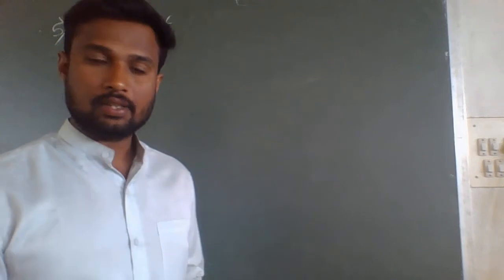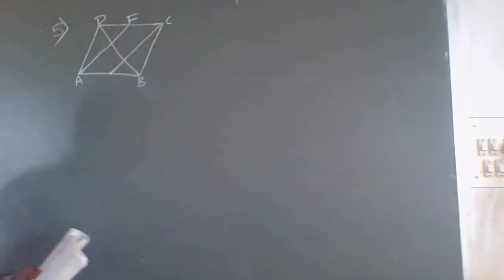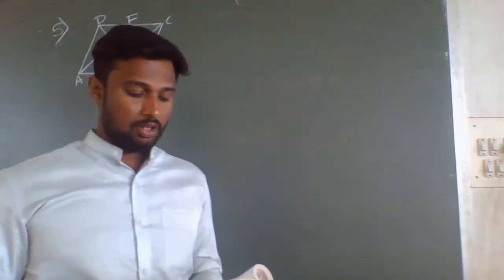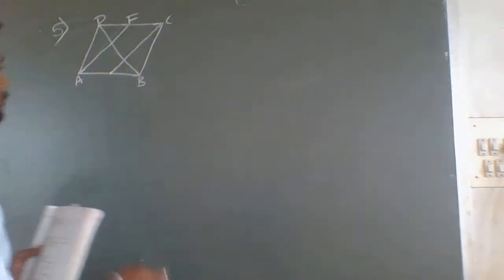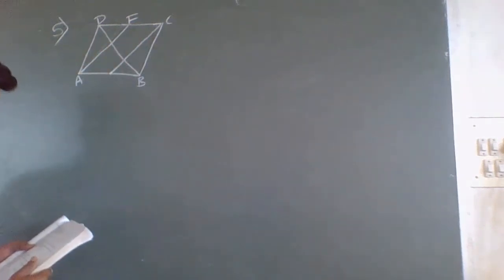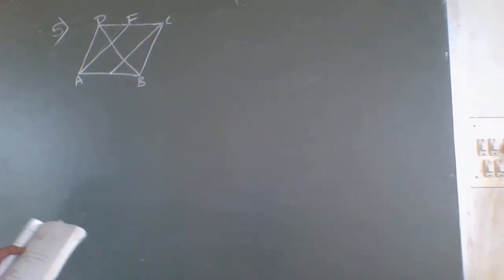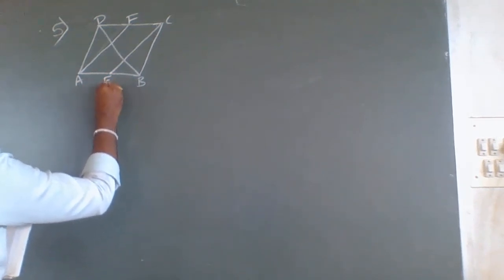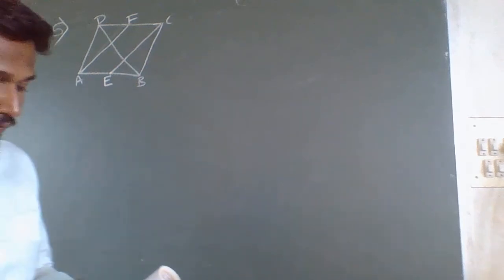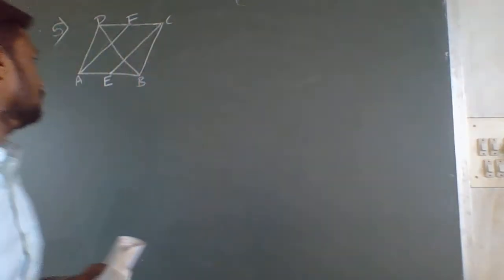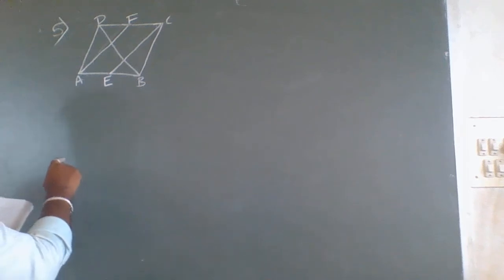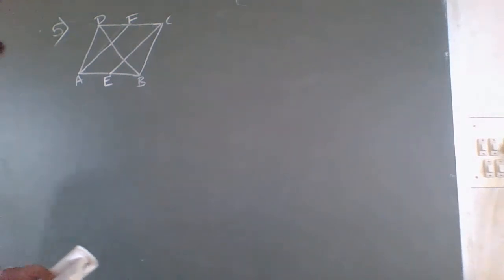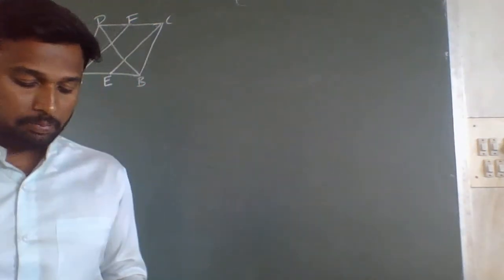So here in exercise 8.2, in the fifth problem they have given this diagram. In parallelogram ABCD, E and F are the midpoints of AB and CD respectively.